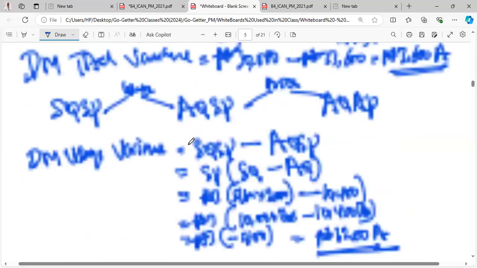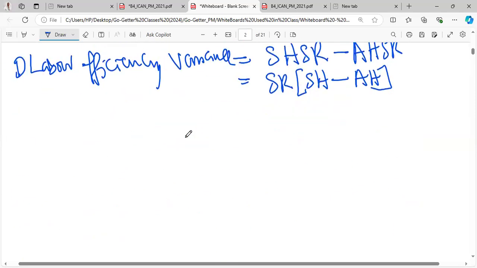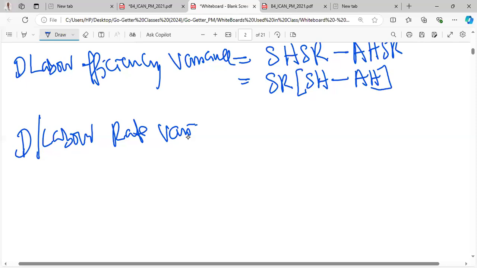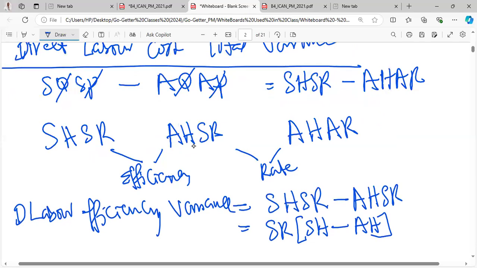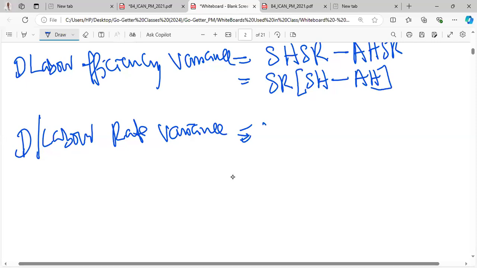So let's go up here and derive the rate variance. So this is direct labor rate variance. Of course, we're going to be looking at these two. Both of them have actual hours, but the rates are different. Actual hours standard rate minus actual hours actual rates.